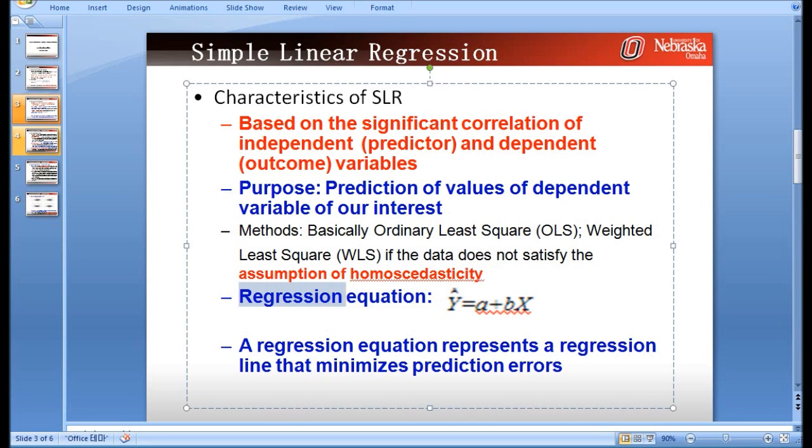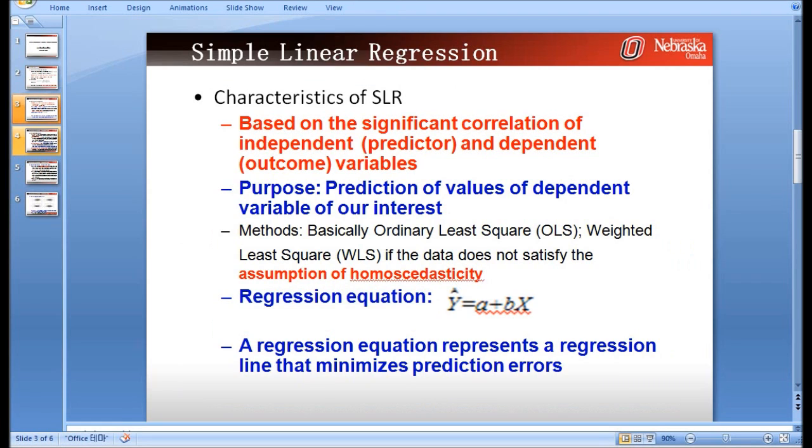Anyway, the regression equation looks like this. The regression equation, which is y hat equals a plus bx, represents a regression line that minimizes prediction errors.